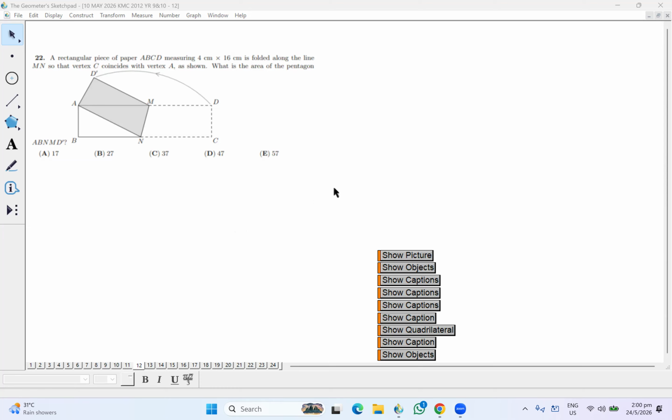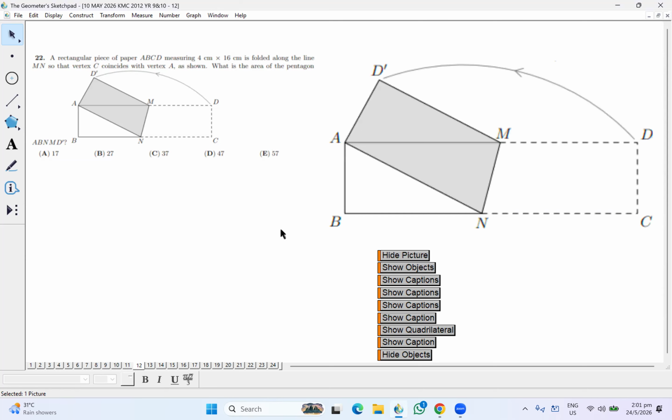So let's look at a bigger diagram. We want to find the area of the pentagon ABMND, a five-sided figure. The question is how to fold.